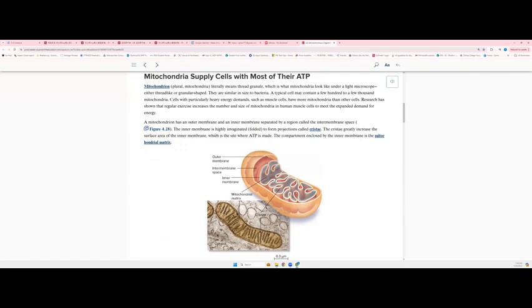The inner membrane is highly folded to form projections called crista. This is a crista. This crista greatly increases the surface area of the inner membrane. That's where the ATP is produced.